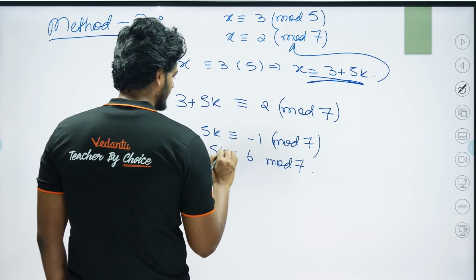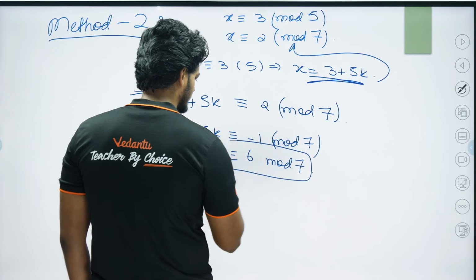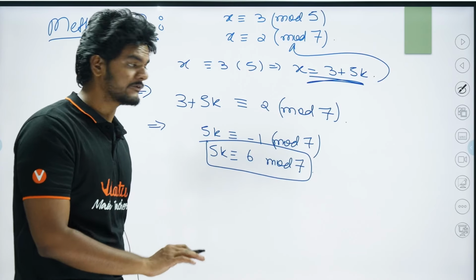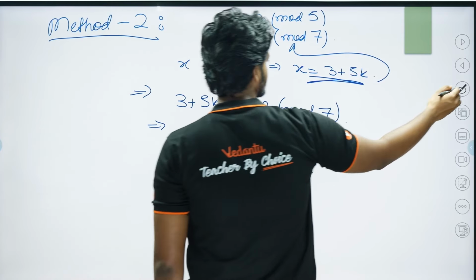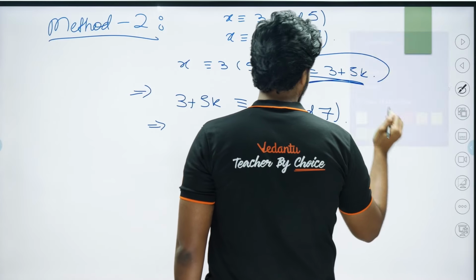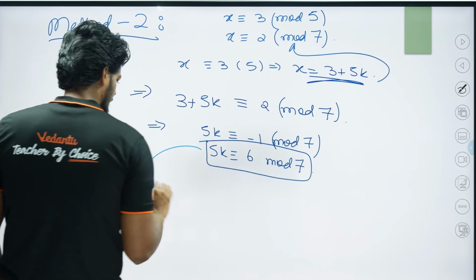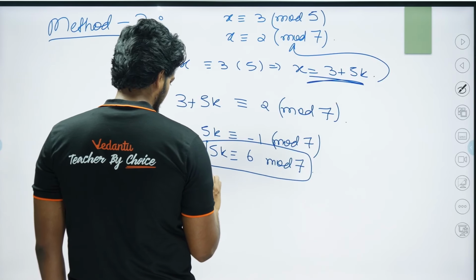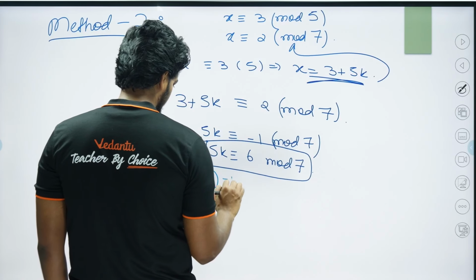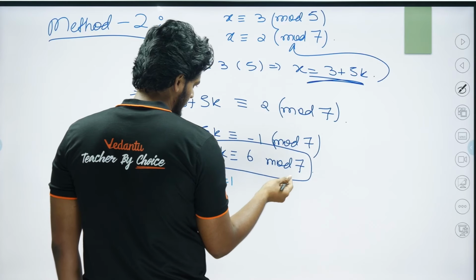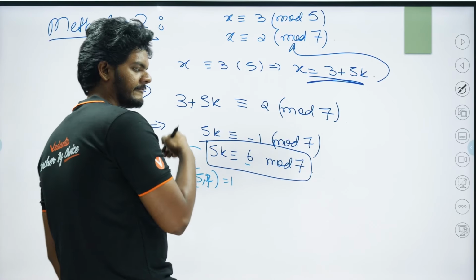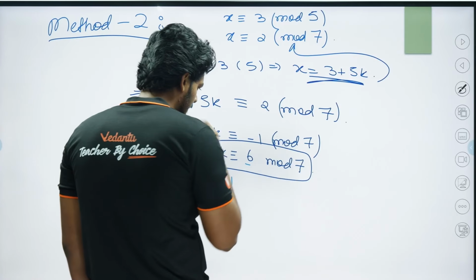So we want to find k such that 5k is 6 mod 7. Now we have done something like that before, right? Let's try to utilize that. GCD of 5 and 7 is 1. So I want to find a multiple of 7 to add to 6 so that it is a multiple of 5, so that I can cancel out 5, right?